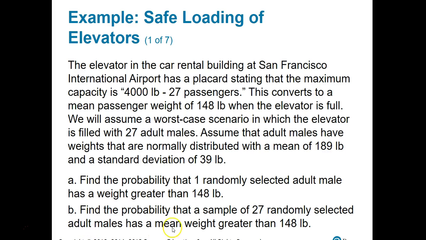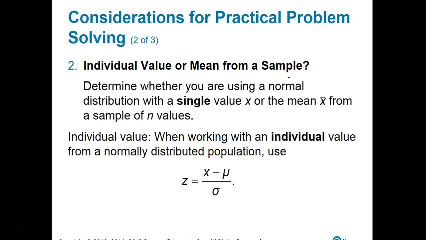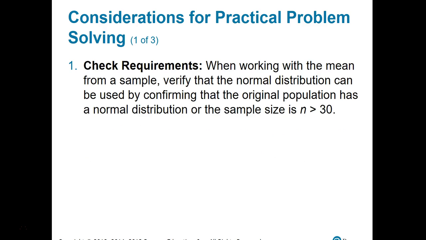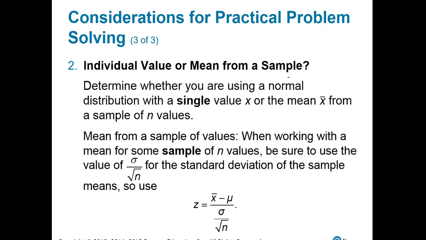Alright, so B, find the probability that a sample of 27 randomly selected adult males has a mean weight greater than 148 pounds. So now we have a sample, 27. We have a problem with that: we have a sample of 27, and we're supposed to have at least 30, so we should have over 27.